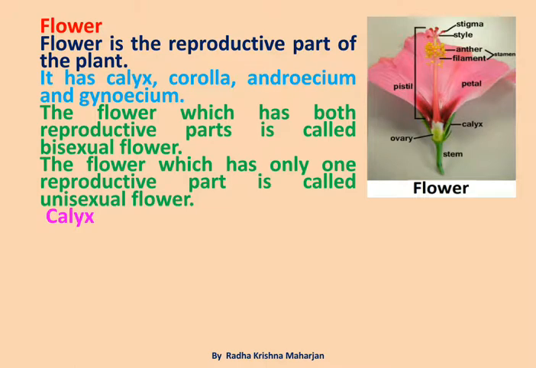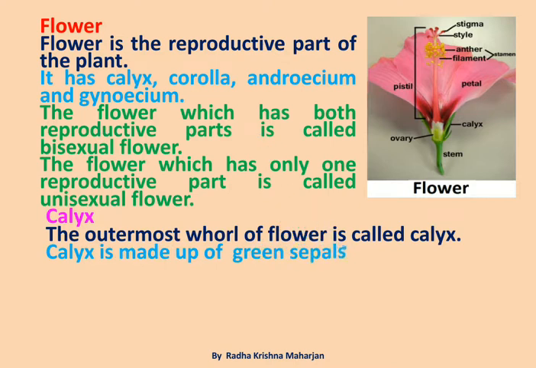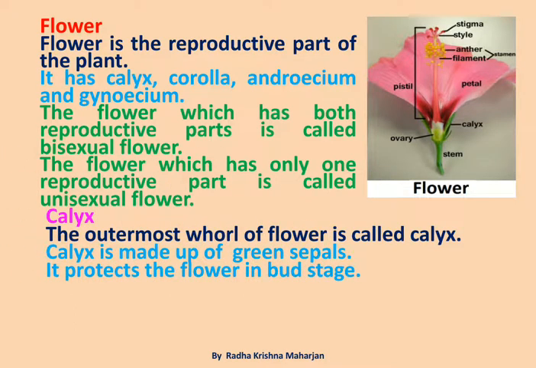Calyx. The outermost whorl of flower is called calyx. Calyx is made up of green sepals. It protects the flower in bud stage.